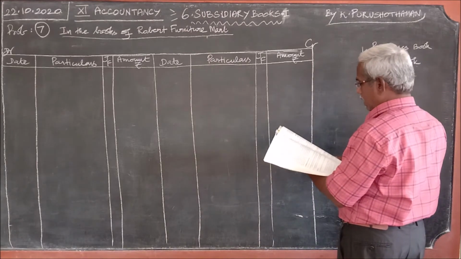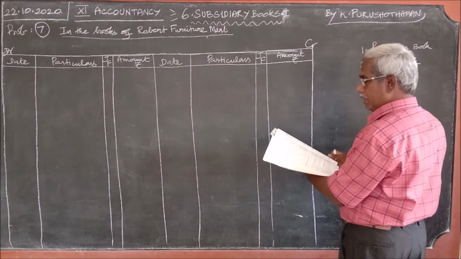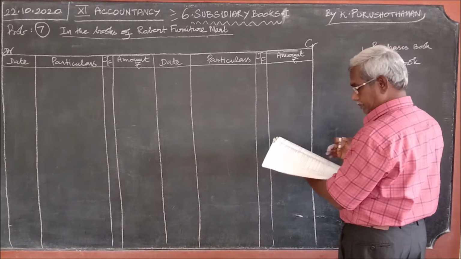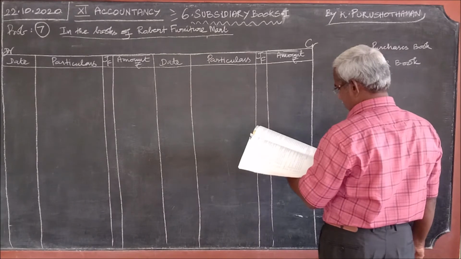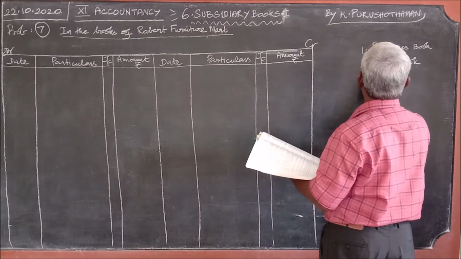Three, for the different traders. Who are the traders here? Borrowed Traders.